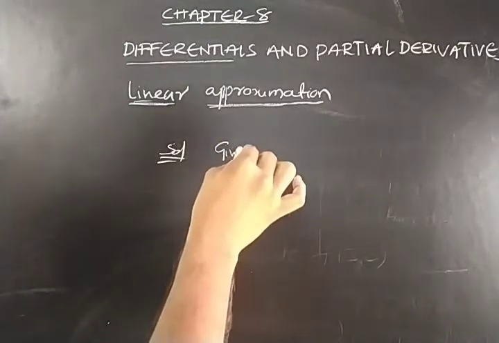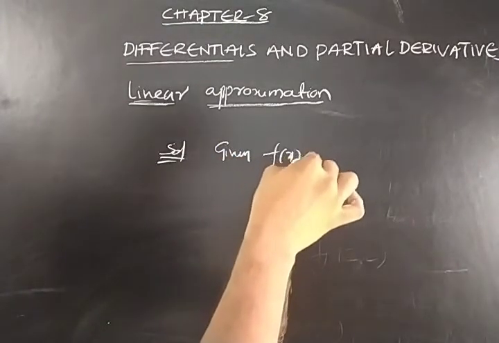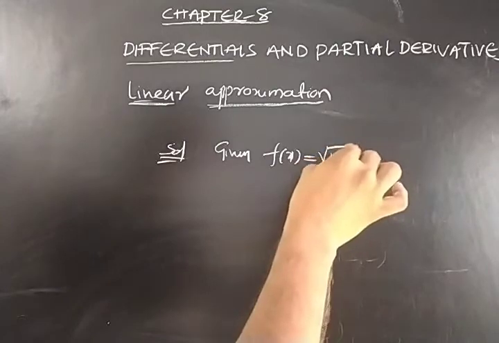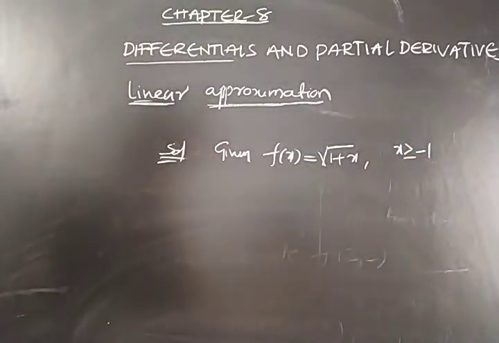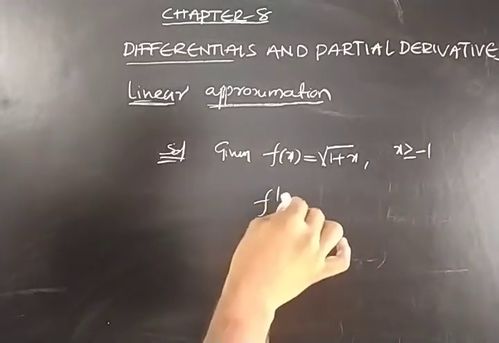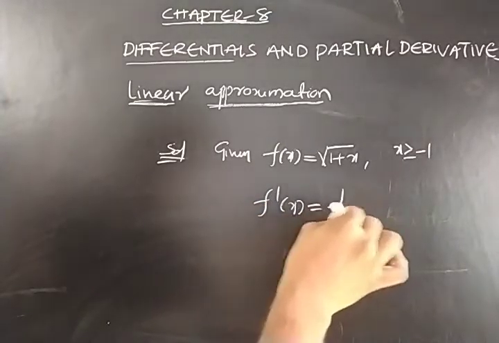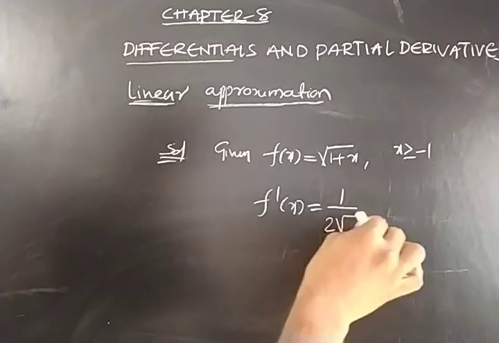The given function f of x is equal to root of 1 plus x, which is defined only for x greater than or equal to minus 1. I am finding the derivative f dash of x, which is 1 by 2 root of 1 plus x.